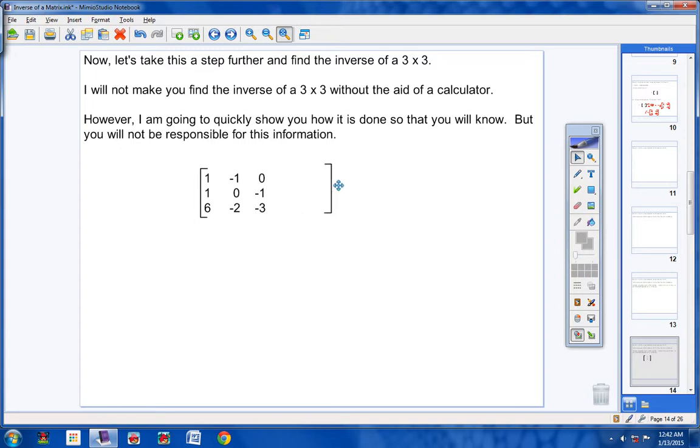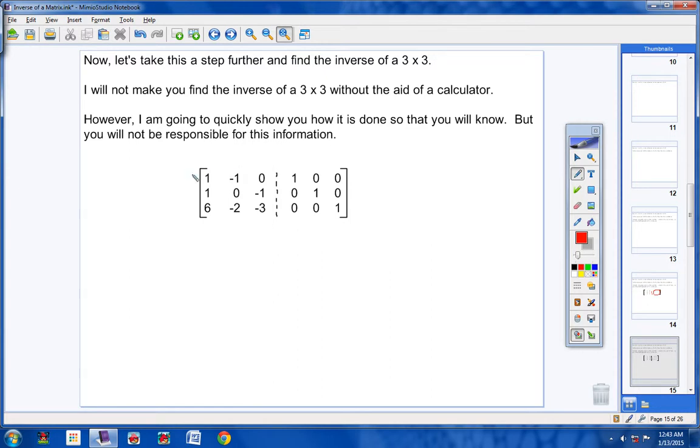You take this and you move it over here, and then you put a dotted line here, and then you put the identity matrix right here, so it looks like this. Okay, there we go. Now again, if I'm going too fast, for those that are taking notes, just pause the video. Now here's what you want to do.